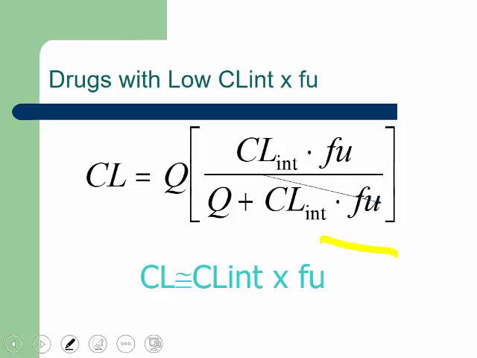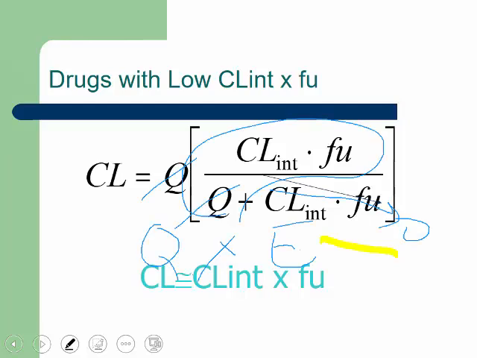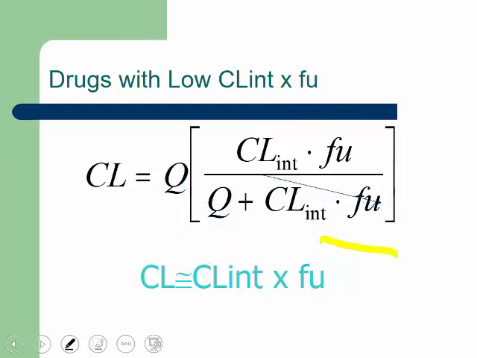So you're going to say, wait, Dr. Earl, you just said clearance was dependent upon blood flow. That was for a high extraction drug, for our shiny dairy, where the rate limiting step is the blood flow coming into the organ. This is the rusty dairy, the low extraction drug.